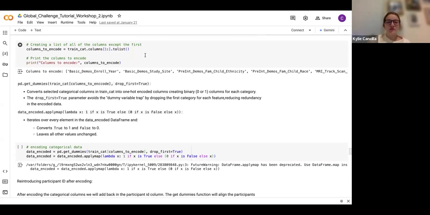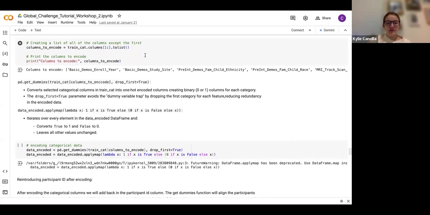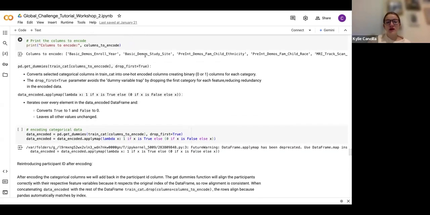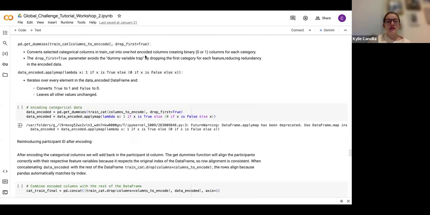That's going to encode all the columns other than participant ID. As I mentioned a little bit before, this get dummies function is going to execute one-hot encoding, and it will convert selected categorical columns in our train categorical data frame into one-hot encoded columns, creating binary true or false columns for each category.